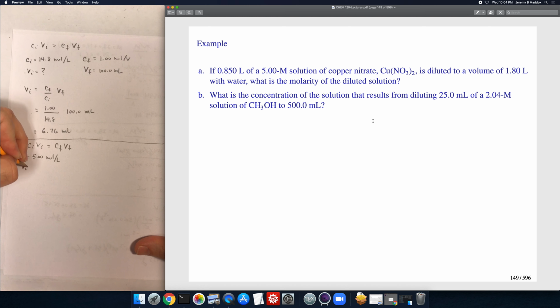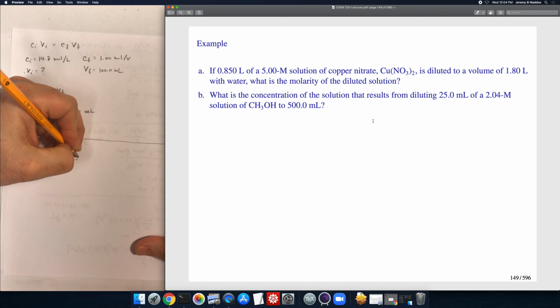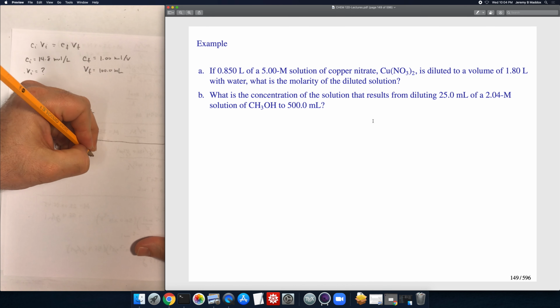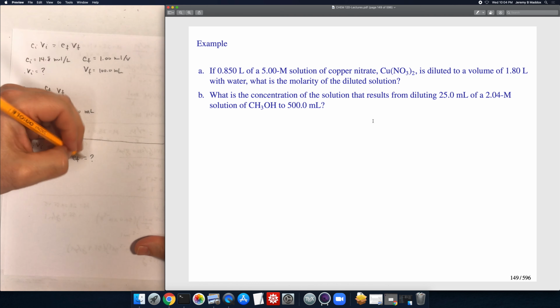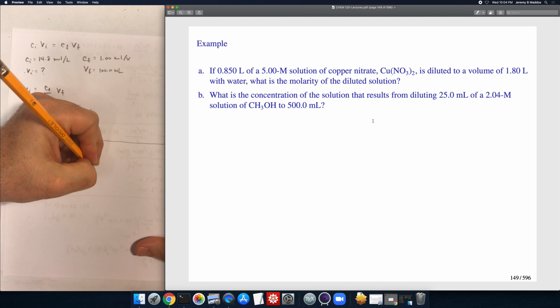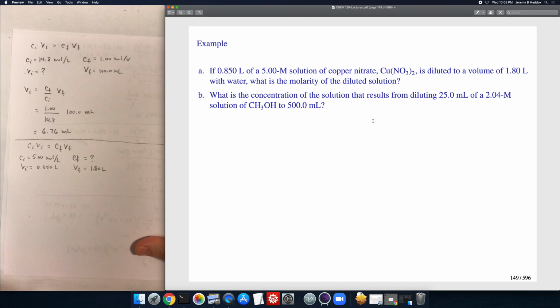We know the initial volume in this case, it's 0.850 liters. The final concentration, that's what we're being asked to find. So that's our question mark. And then the final volume is 1.80 liters.